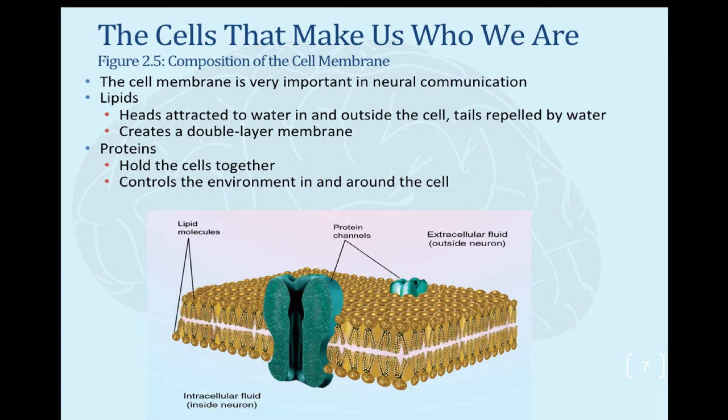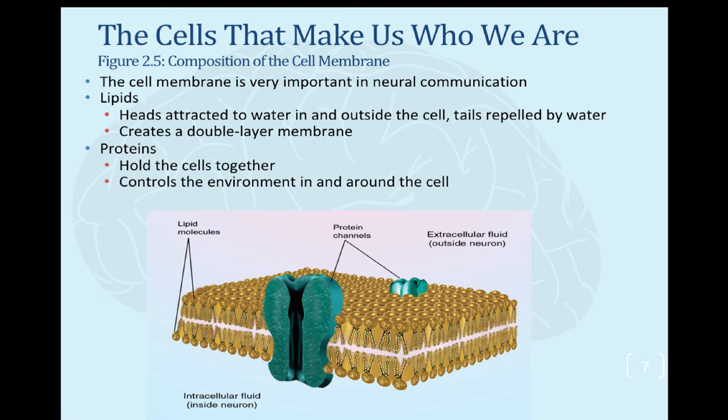And the way that works is that the heads of these lipid molecules are attracted to water, and so there's water in and out of the cell, and so the head area will be the one that's in contact with the edge, either the inner edge or the outer edge. And then in the center, the tails will come together.